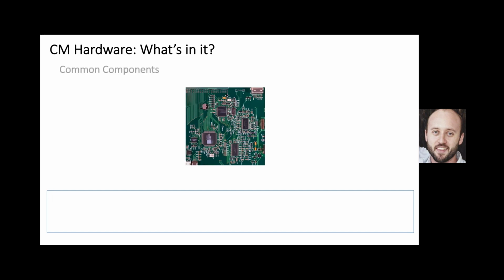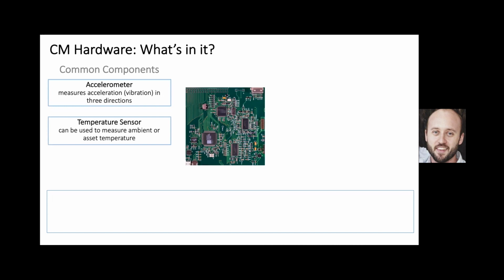So traditionally, some very common components in condition monitoring hardware, the most common is an accelerometer, which is measuring vibration. And we're going to dig into this heavily later and in the second session, but an accelerometer is typically the most critical component in this sort of condition monitoring approach.